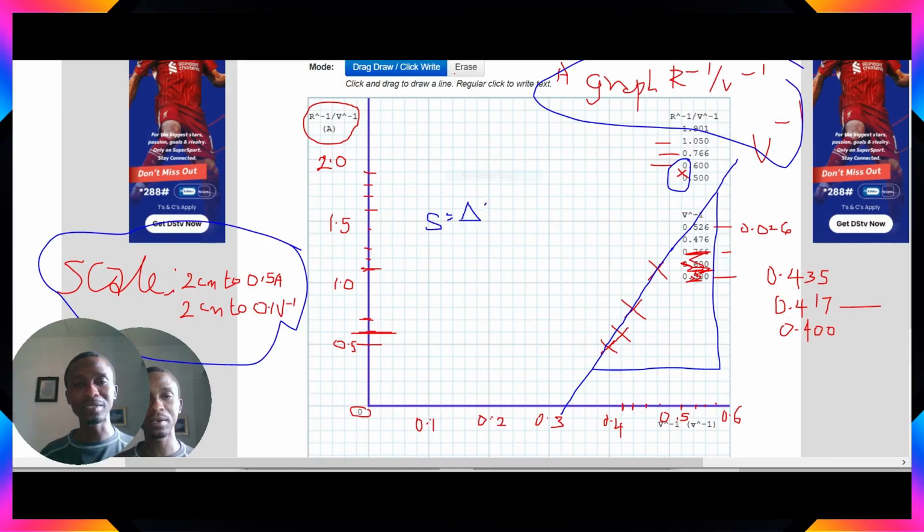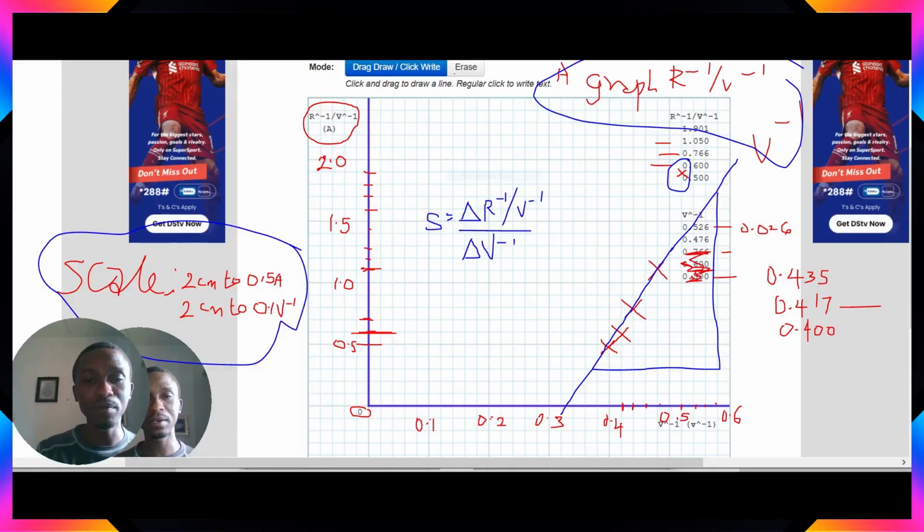Change in the vertical, and on the vertical I have R inverse over V inverse. So I'm going to do change in that over change in the V inverse.